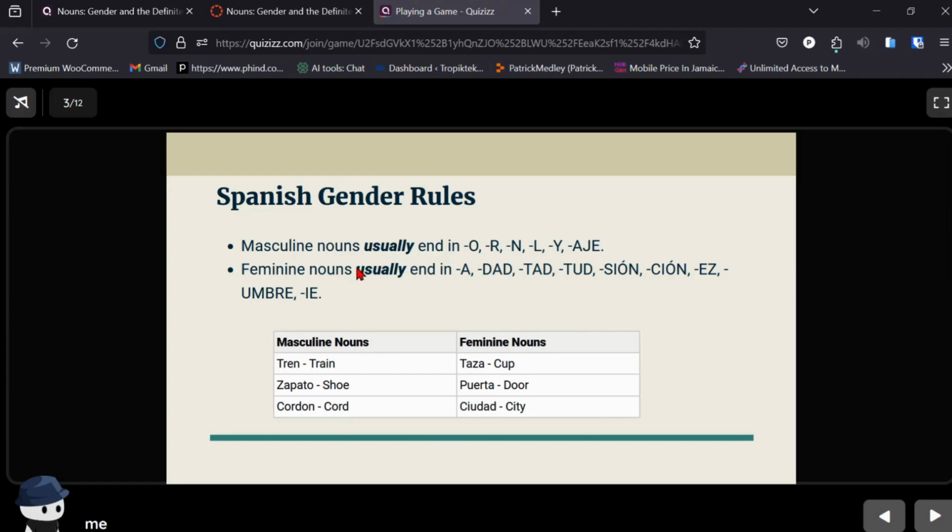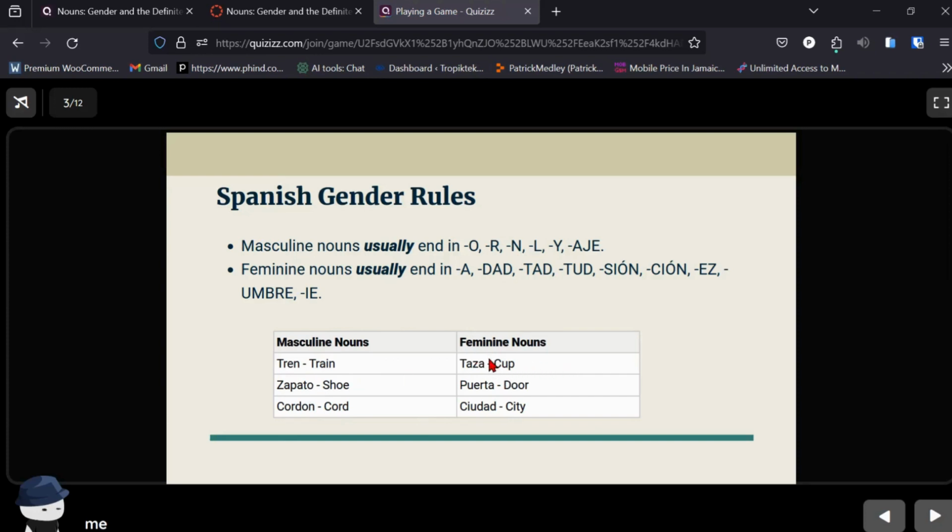For example, we have the word tren, which is train, masculine noun, zapato, cordón, right? Also masculine, ending with an N, train, ending with an N, ending with an O, which is by far the most common in Spanish, the O ending for masculine nouns.